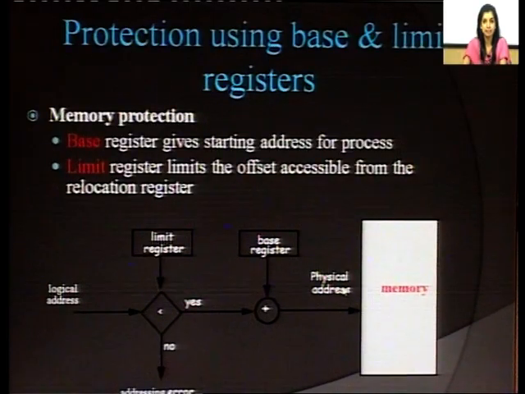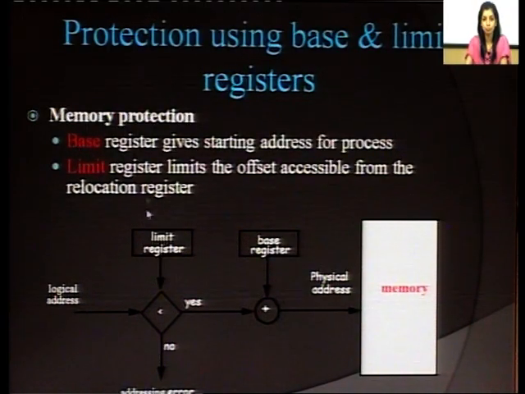Protection using base and limit registers. Main memory protection: the base register gives the starting address for processes. While converting a logical address into a physical address, the CPU generates a logical address, then we add the base register value and check the limit register value.